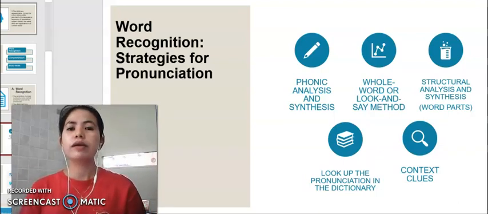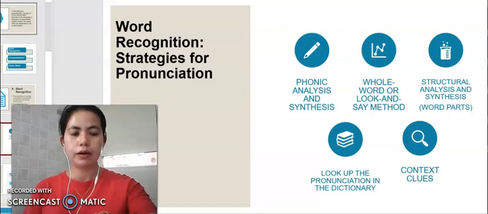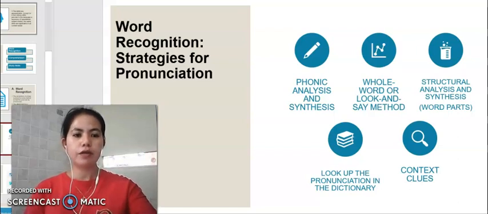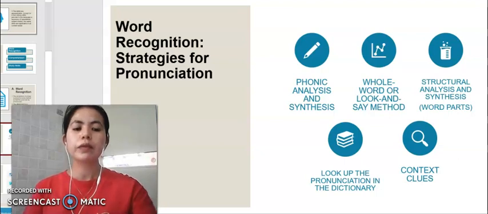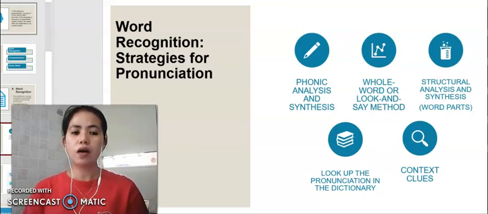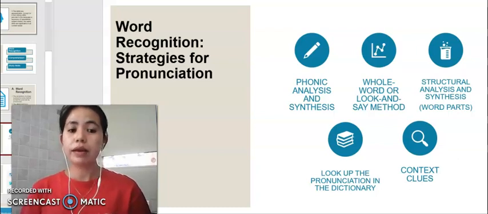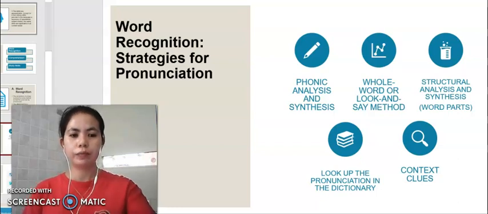For example, the students are repeatedly told the word name while being shown the printed word. Number 3 is structural analysis and synthesis, or word parts. It involves the breaking down (analysis) of word parts and the building up (synthesis) of word parts into words.